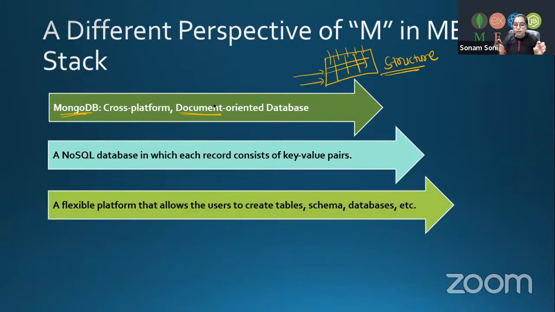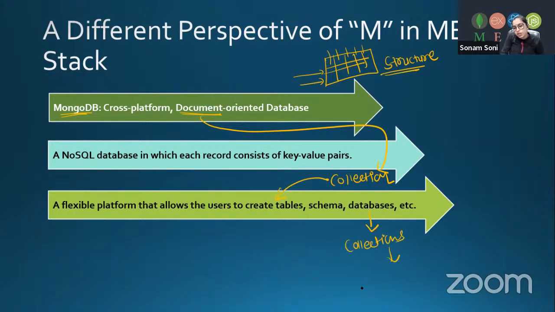So it is a flexible platform. Here you are not going to create a table. Actually, when you create a table, it is going to create a collection. And inside the collection, you are going to store your documents. So if I show you the flow, a database has collections, and in the collections you have documents.